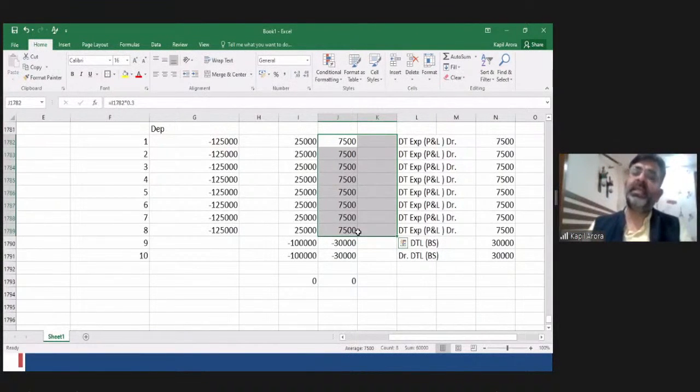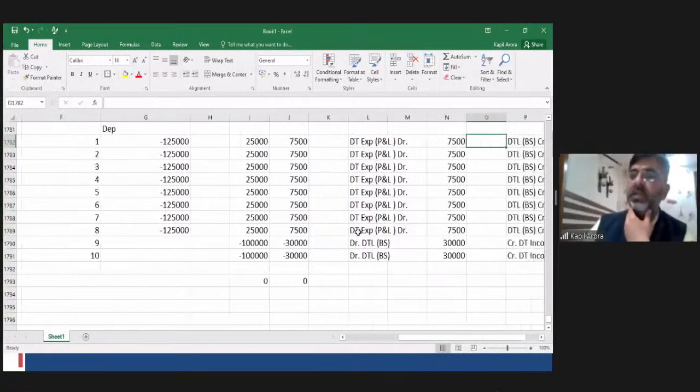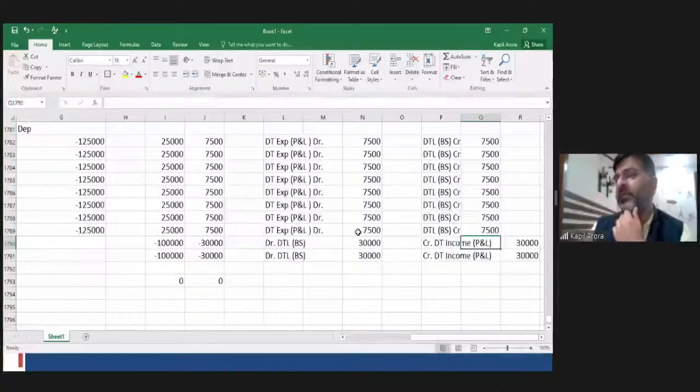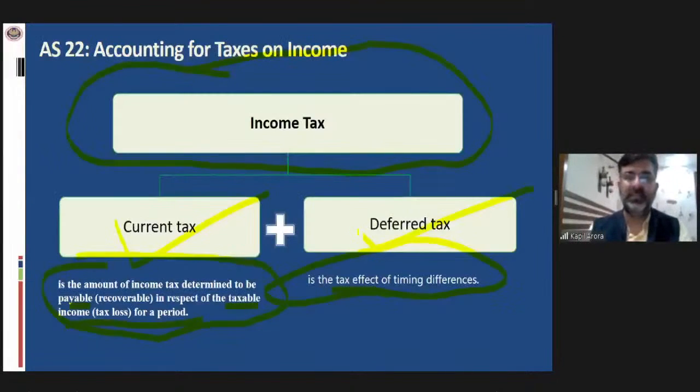In year 9 and 10, deferred tax liability reverses because the difference starts reversing. So that is how we pass the entries: debit expense, credit liability. In year 9, debit liability, credit income. Why? Because this has reversed. I hope this is fine with everyone.